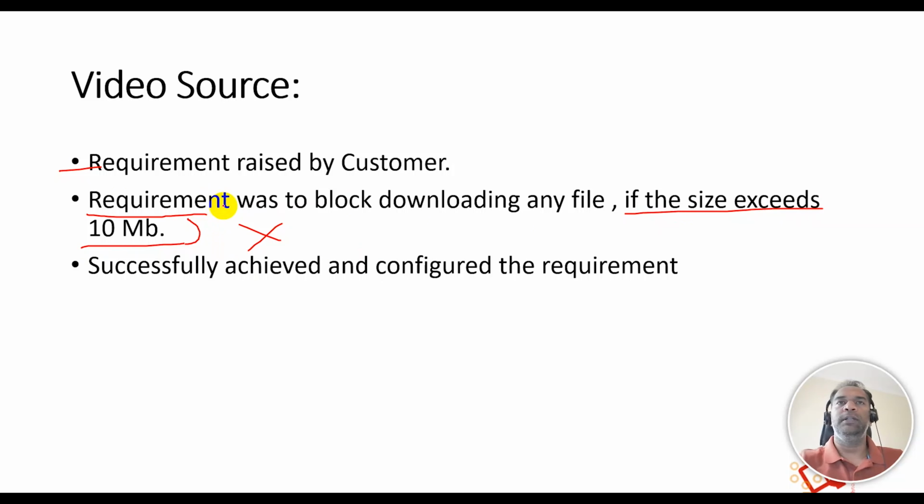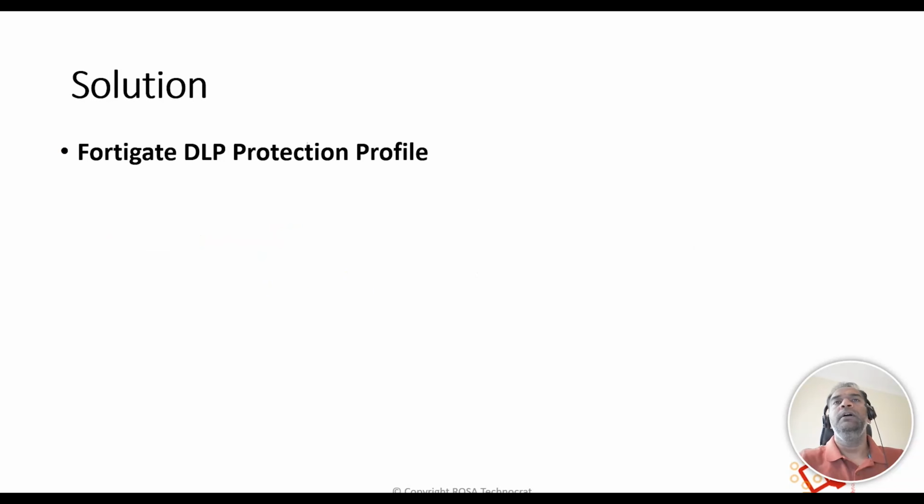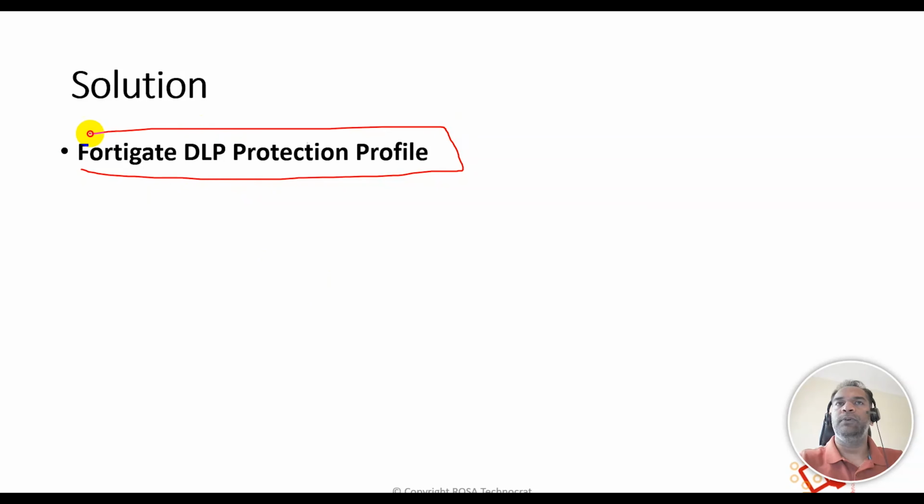So this motivated me to also publish this knowledge base on our channel. So let's start how we did this. The solution for this was the FortiGate DLP protection profile. Using DLP, we can block a file based on file size as well.